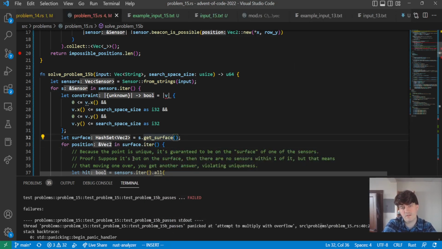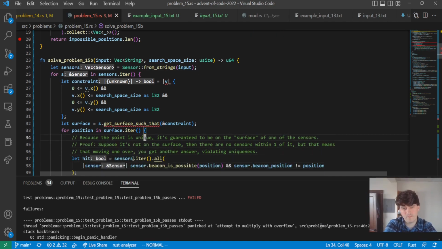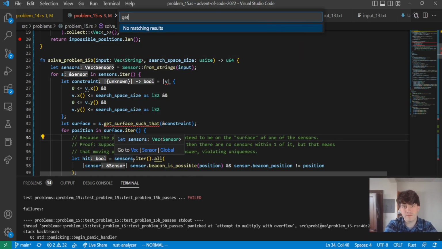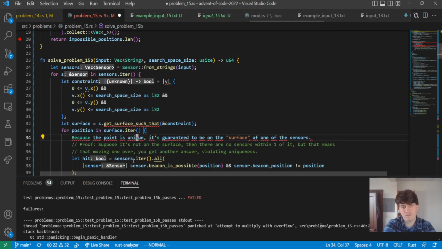This can be get surface such that, and we'll say at constraint. And then get surface.